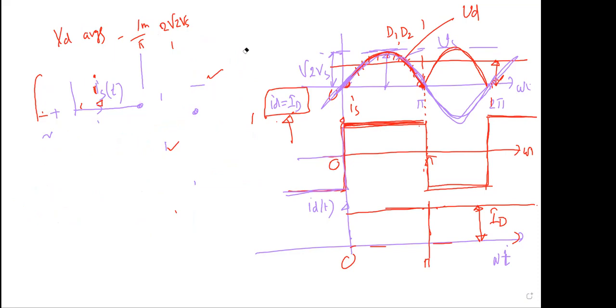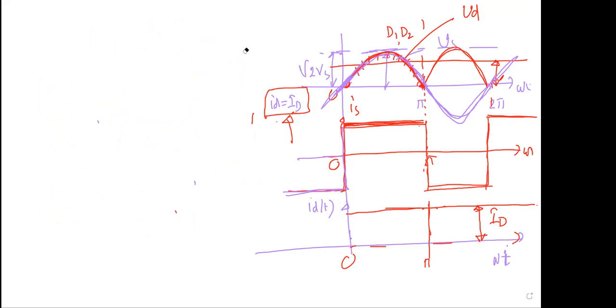Since it is not sinusoidal but it is periodic, can you apply Fourier series analysis? IS will be here. What will be the DC value of this IS? Sorry, it has no DC offset, sir.